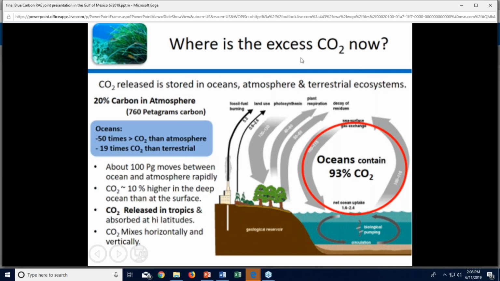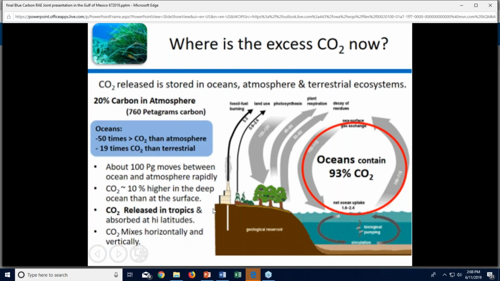But before I talk about the rivers, I want to talk about the oceans. The oceans, supposedly, from an oceanographic point of view, contain 93% of carbon dioxide, especially excess.